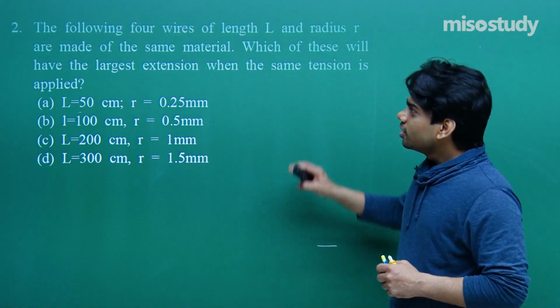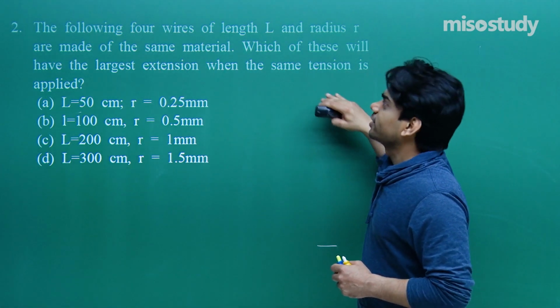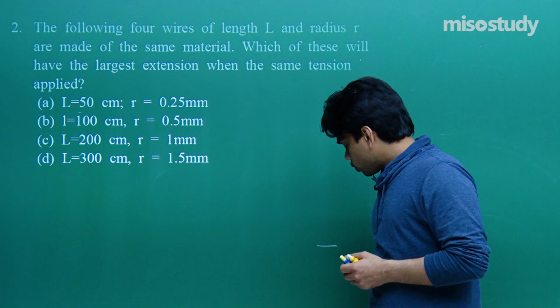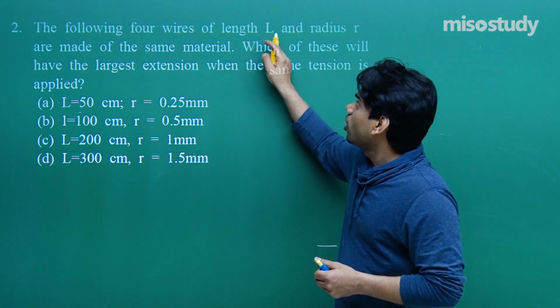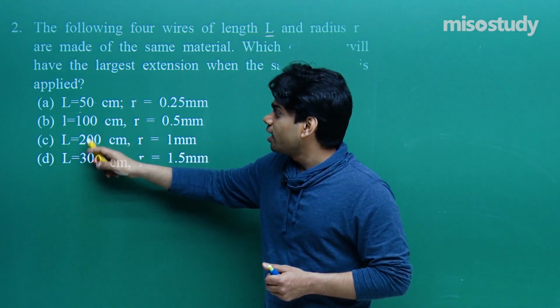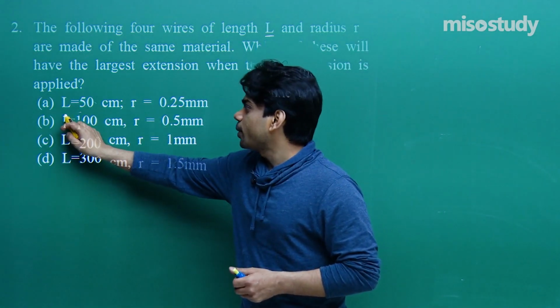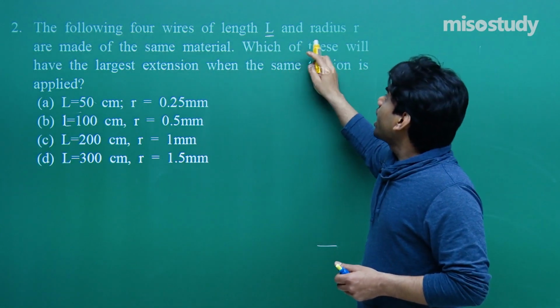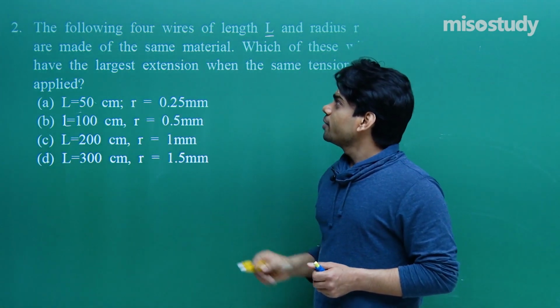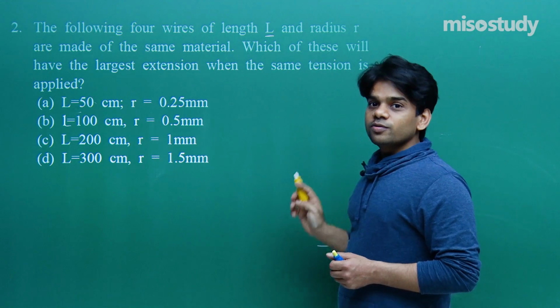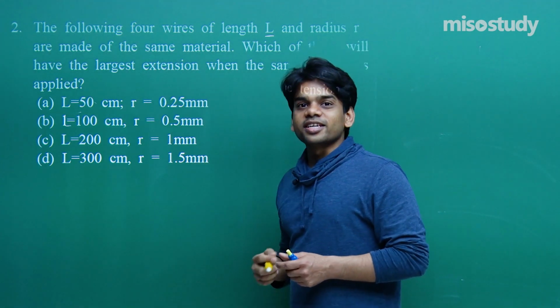Second question. The following 4 wires of length L. So we have 4 wires whose dimensions are provided, of length L. You see, the lengths are different in each of the cases. This is L, capital L, and radius R, made of the same material. Which of these will have the largest extension?